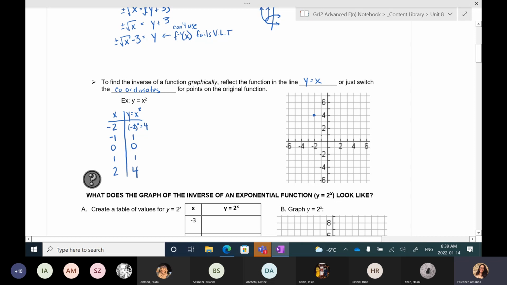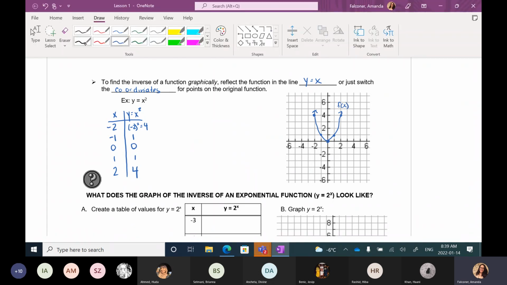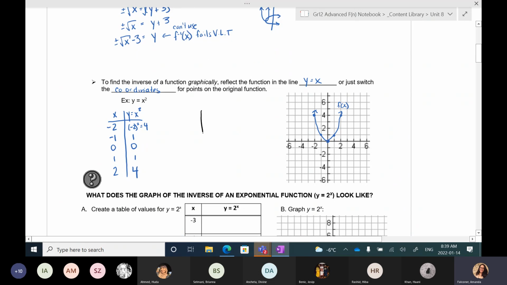Here we go. There is my original. That's my original. And then I'll switch colors and go with black here. So for my inverse, I'm just switching the position of each ordered pair.